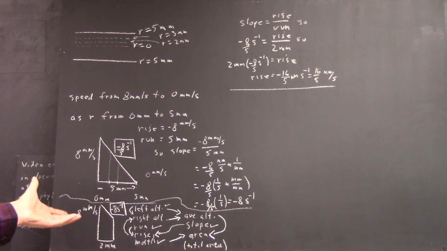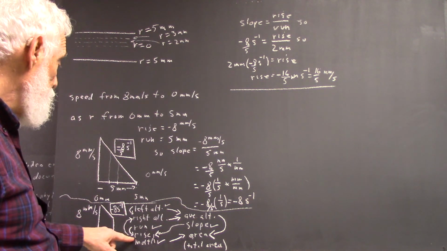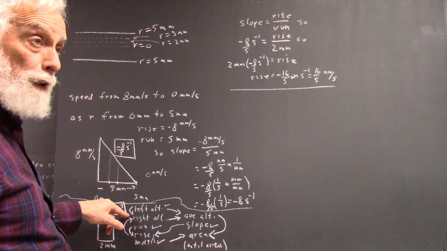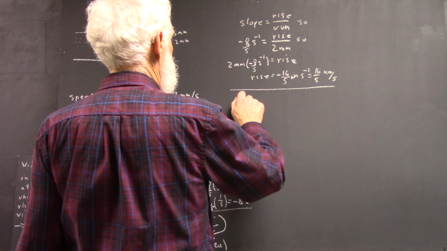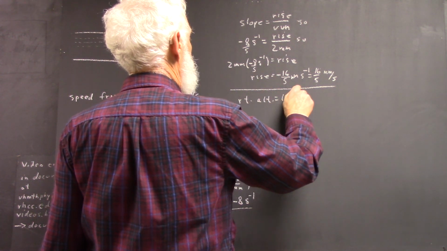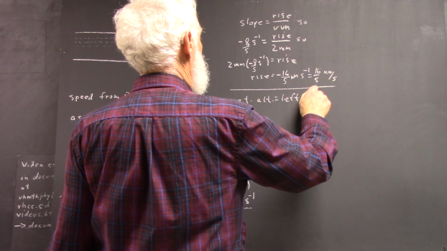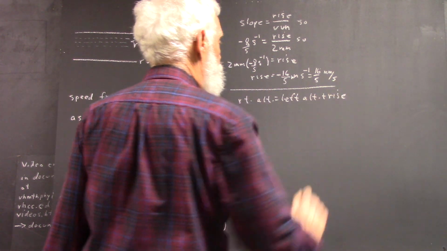Okay, then we easily find, well, what are we doing next? Now that we've got the rise, we take that and put it together with the left altitude to get the right altitude, right? Well, the right altitude equals the left altitude plus the rise, right?